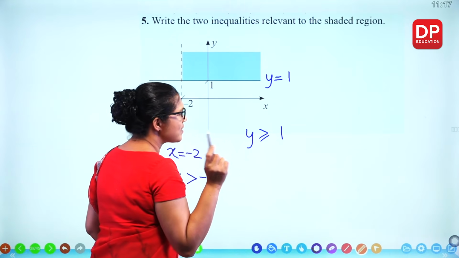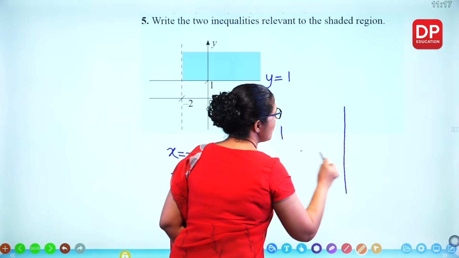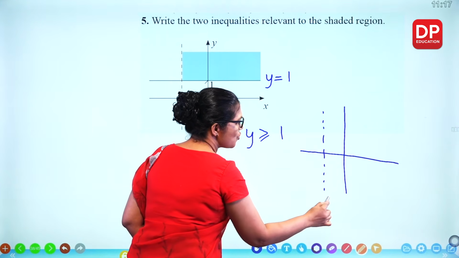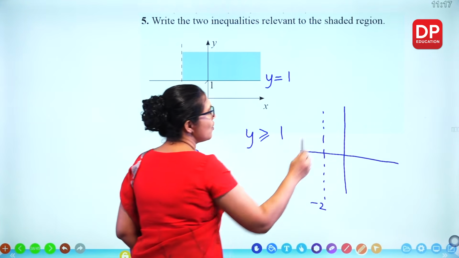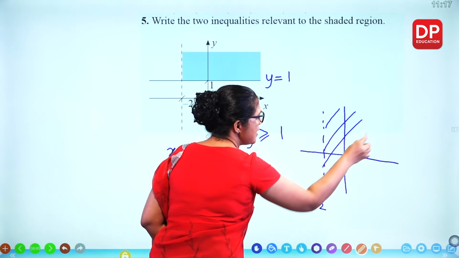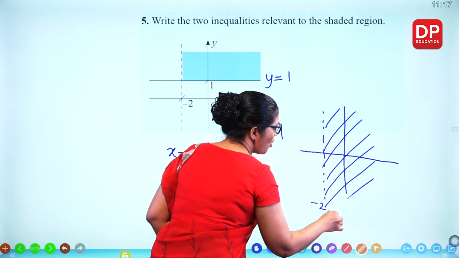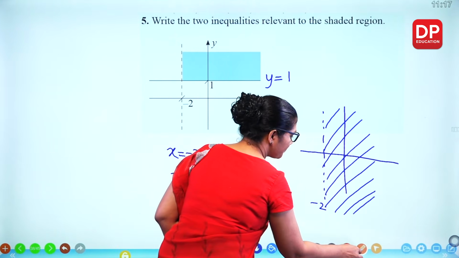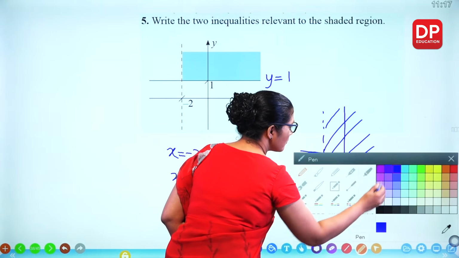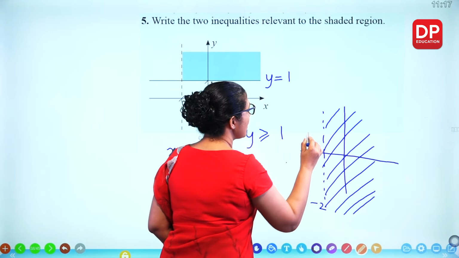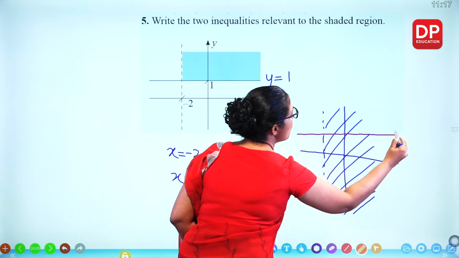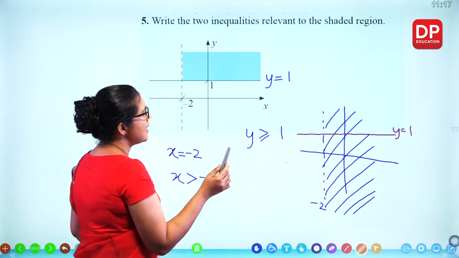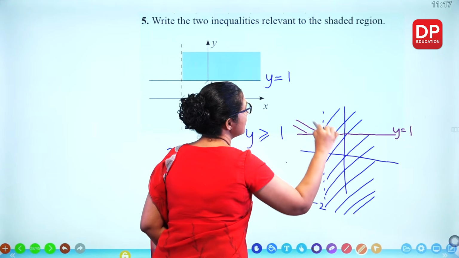If I draw separately, you can clearly see that when you draw the minus 2 line, greater means all these values onto the right. If you draw the other one, y equals 1, the greater than side is this side.